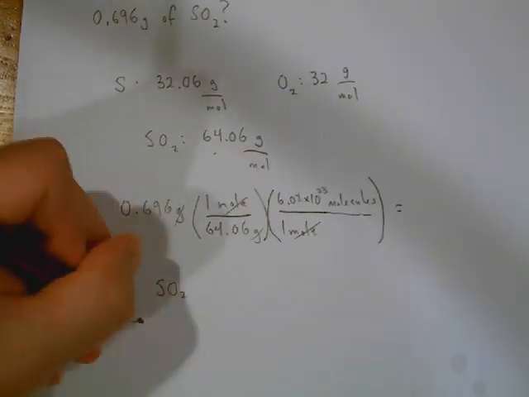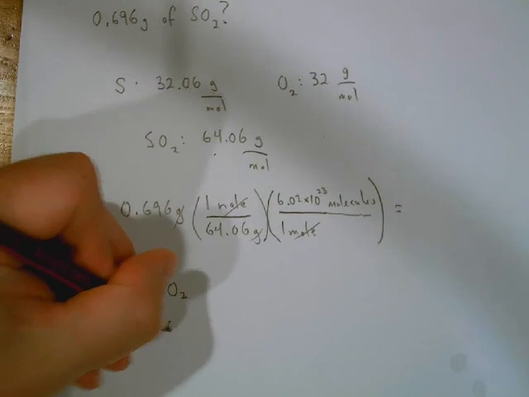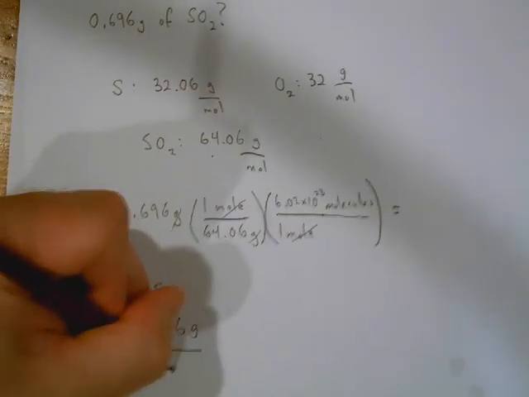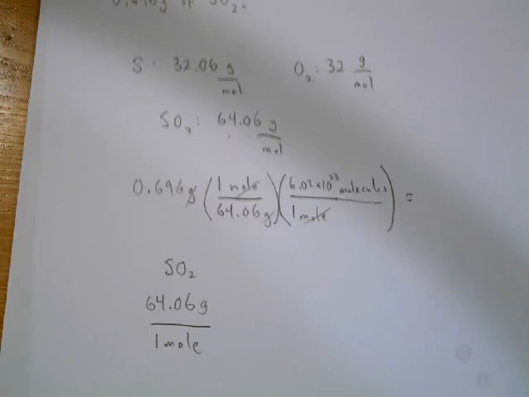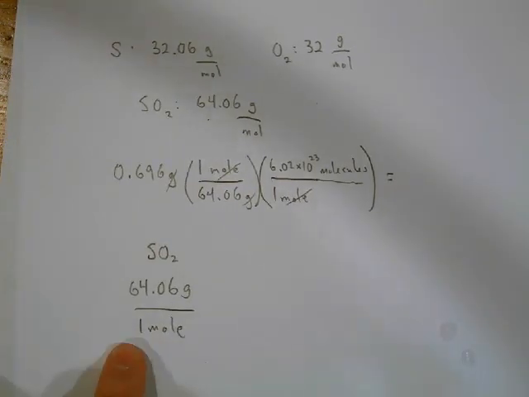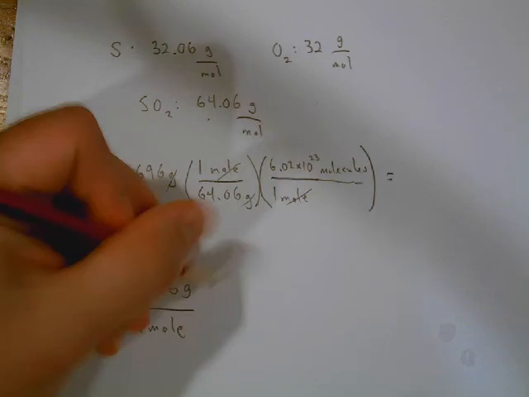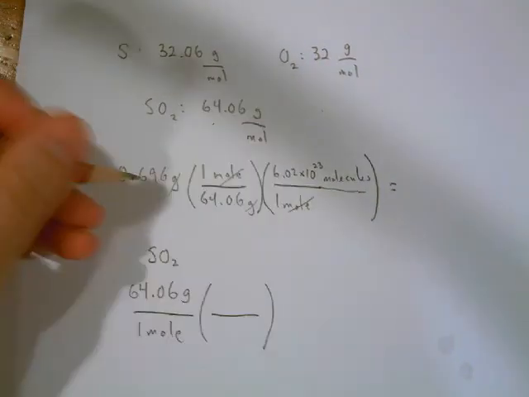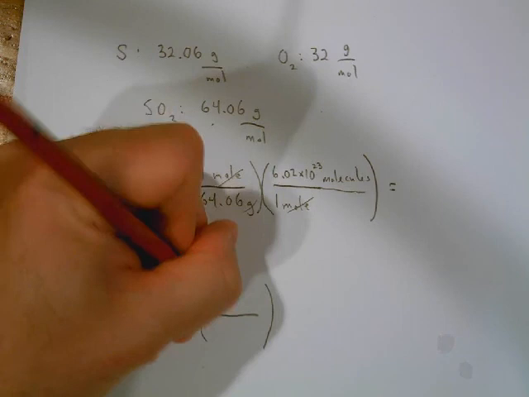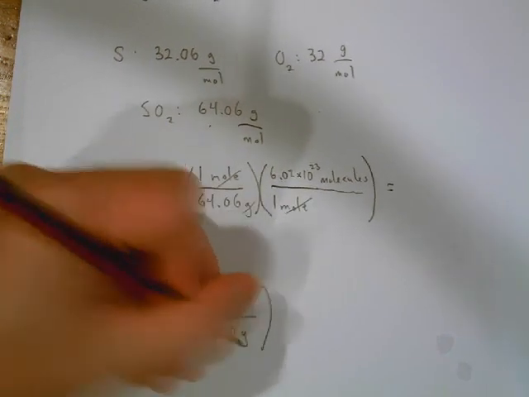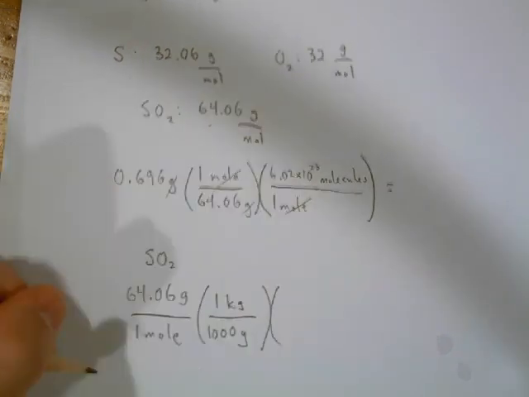You would say, I know that there are 64.06 grams in a mole, but I don't want grams in a mole. I want grams in a molecule. Actually, I want kilograms in a molecule. So if I want kilograms, I know I have 1 kilogram and 1,000 grams.